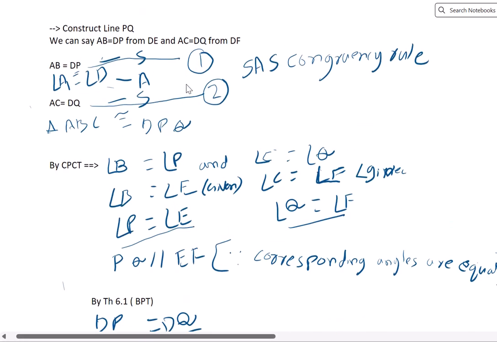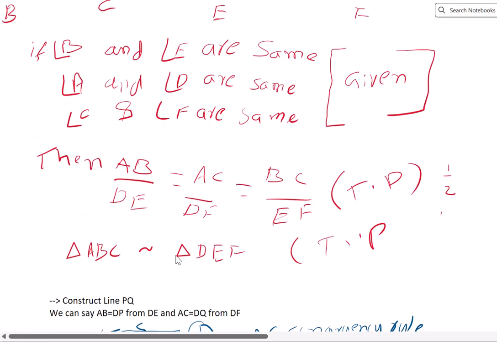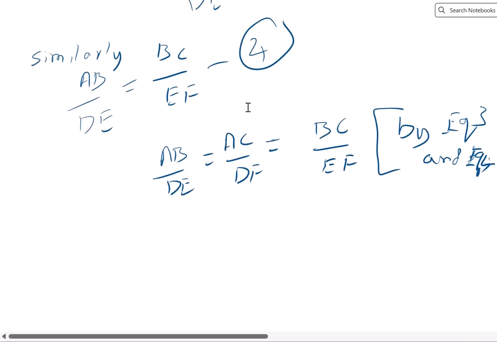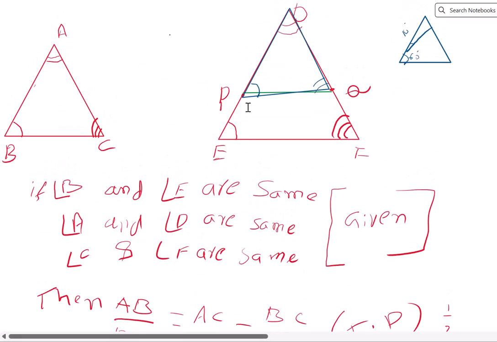Next, what we need to prove is that triangle ABC and triangle DEF are similar. What is the meaning of similar? How can we say that two triangles are similar? If their corresponding angles are the same, and their corresponding sides are in the same proportion, then the two triangles are called similar.